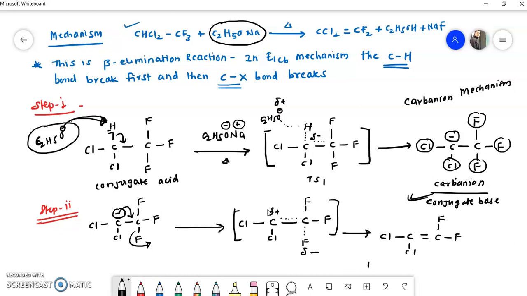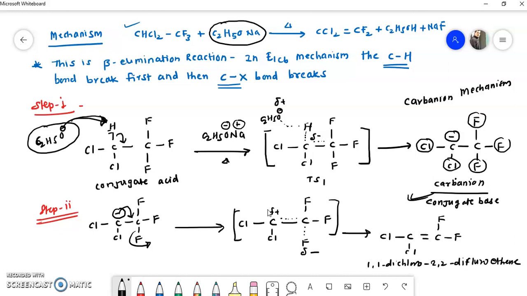The name of this product is 1,1-dichloro-2,2-difluoroethene. So this is the product in the second step.